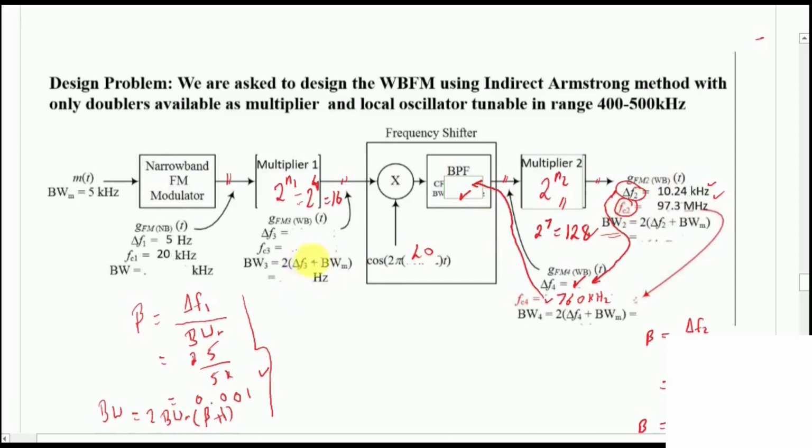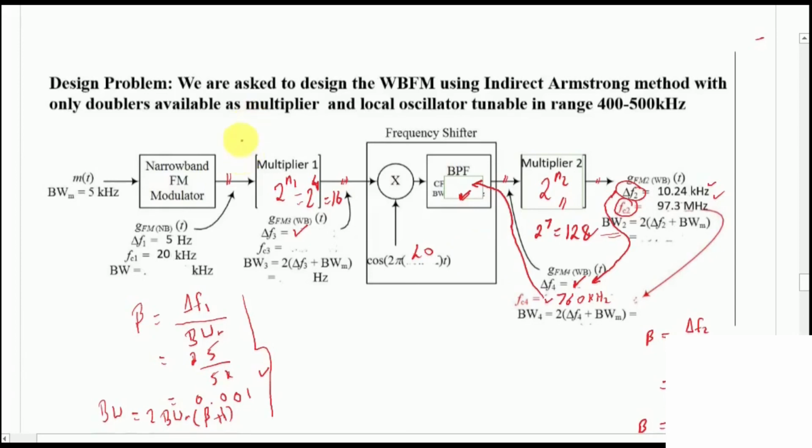And also at FC3 these three values would be same. Remember, this value would not be changed because of the frequency shifter, since the deviation is not changed by the frequency shifter. So the value of bandwidth and delta F4 would be same, right? So with this we have concluded all the blocks.